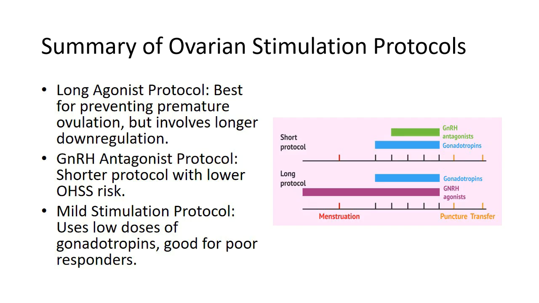Longer treatment time, higher OHSS risk. Antagonist protocol: GnRH antagonist for pituitary suppression. IVF, high responders. Shorter protocol, lower OHSS risk. Higher LH surge risk. May be less effective for poor responders.